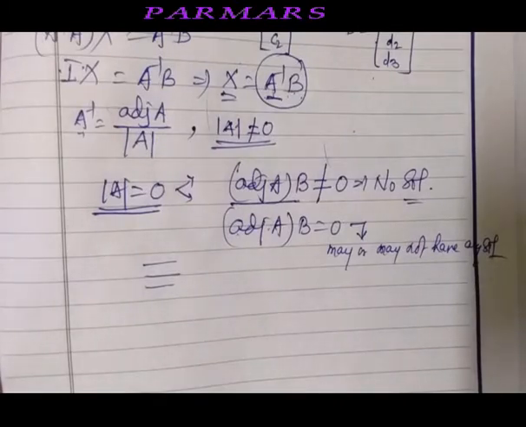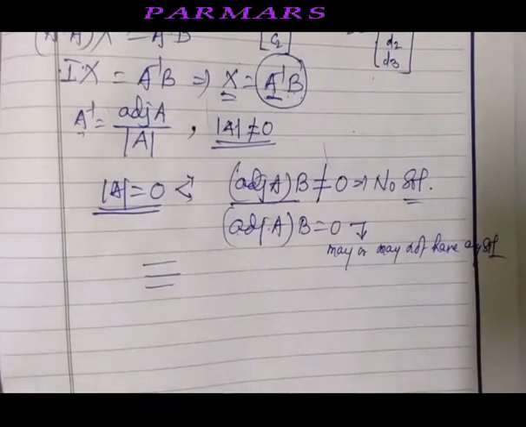Now suppose we have obtained all these values with the help of the first 2 equations out of the 3. Put these values of x, y, z in the third equation.